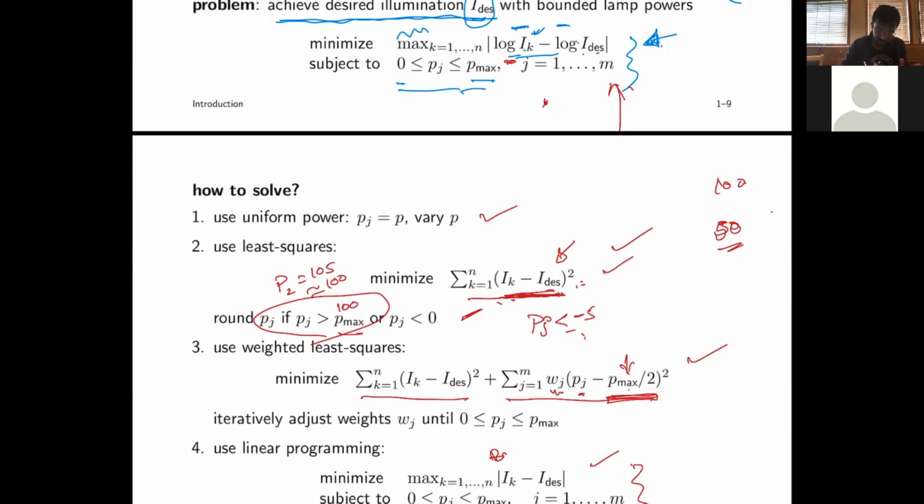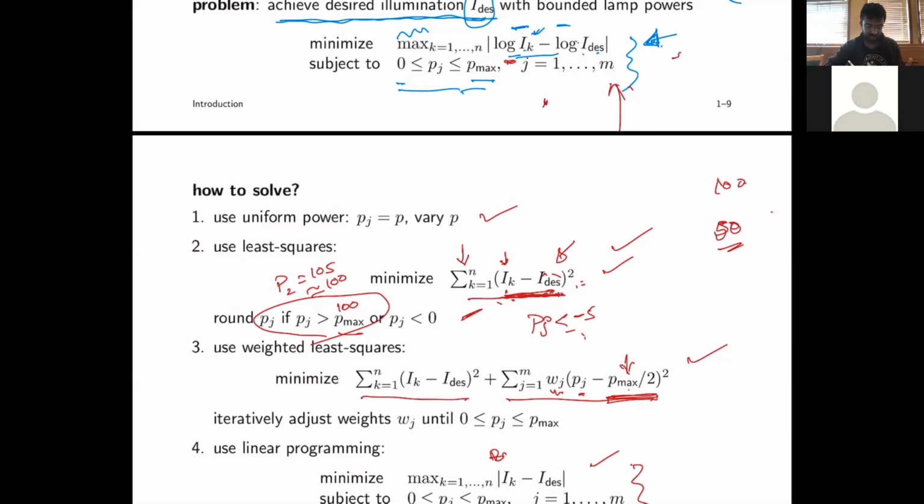In this problem, you consider a patch, take the illumination and the difference from the desired point, and minimize that. Here you have a sum instead of max. You take all the patches and minimize this. So this is completely different from this. I agree. This is a completely different framework.